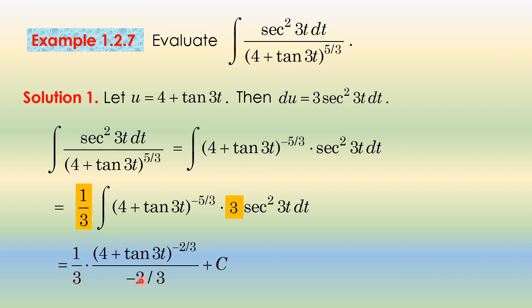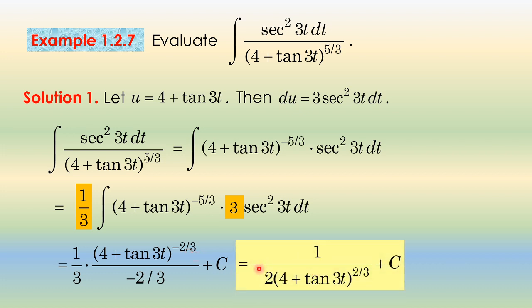So 3 times negative 2/3 is negative 2, so negative 1/2 times 4 plus tangent 3t quantity to the negative 2/3, or negative 1 over 2 multiplied to 4 plus tangent 3t quantity to the 2/3 if you want the exponent to be positive, plus c. Okay, that's the final answer.